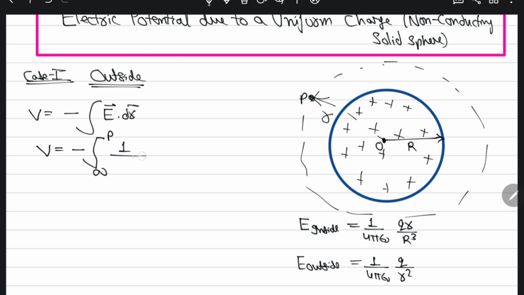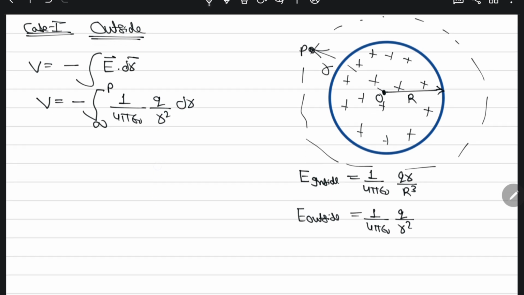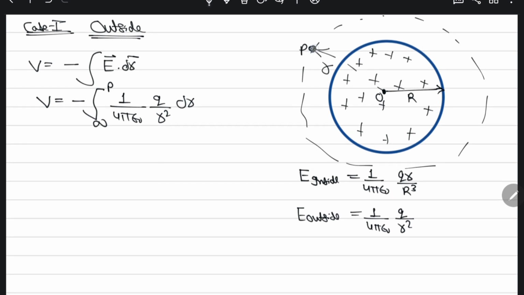Electric field is 1 upon 4 pi epsilon naught q by r square, dr. Here you see the electric field vector and the dr vector are both in the same direction.